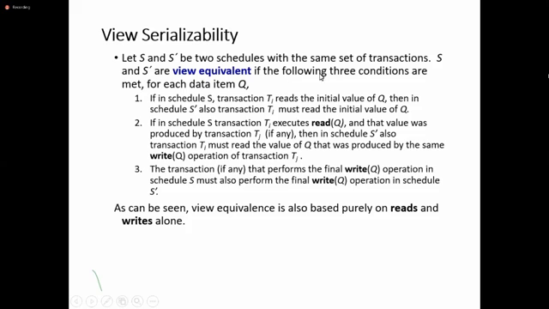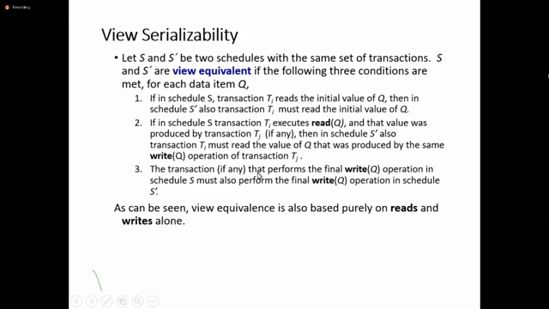S and S dash are view equivalent if the following three conditions are met for each data item Q. If in schedule S transaction Ti reads the initial value of Q, then in schedule S dash also transaction Ti must read the initial value of Q. If in schedule S transaction Ti executes read Q and the value was produced by transaction Tj, then in schedule S dash also transaction Ti must read the value of Q that was produced by the same write Q operation of transaction Tj.